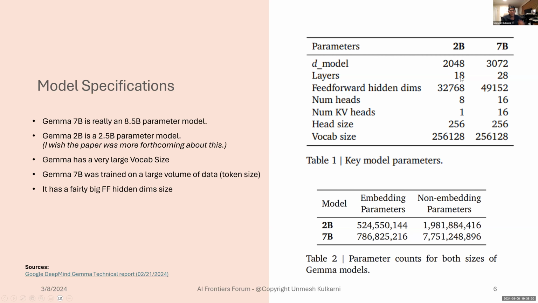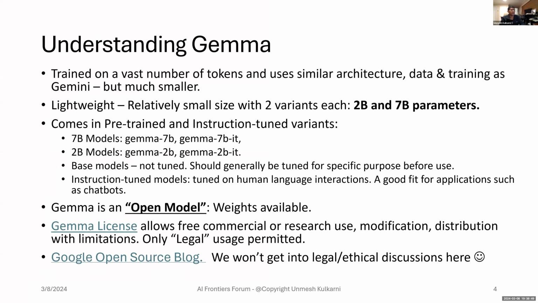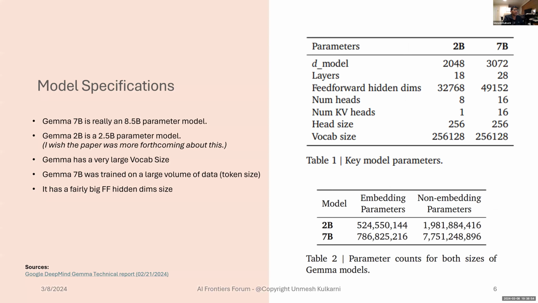Layers is the number of stacked layers that we have. Two sublayers form one complete layer, and then you stack 18 of those for the 2B model and 28 of those for the 7B model. The feed forward hidden dimension is, where is our diagram? Yeah.